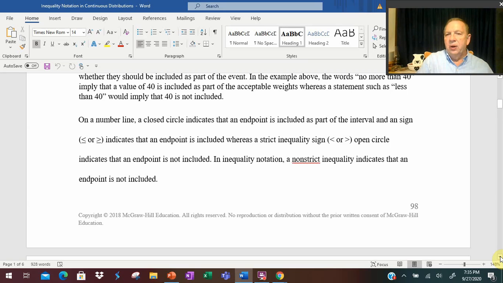So for that number, that would be an open circle, and it would go down to that number. That open circle indicates that an endpoint is not included. A strict inequality indicates that an endpoint is not included, while the less than or equal to is a non-strict inequality.